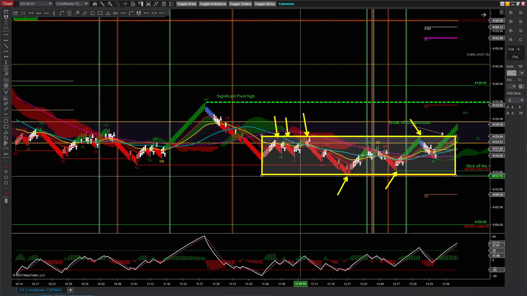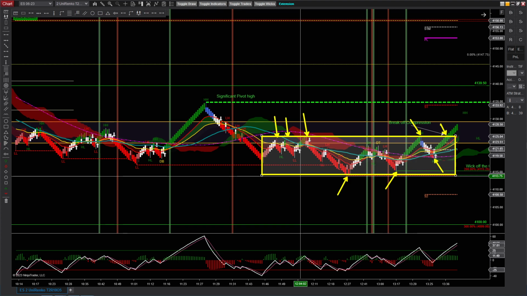So you can tell that this one was moving to the upside. You're making similar highs, but you're making higher lows, right? So this low is higher than this one, and this one is higher than the other one. And then there's a break of compression right there.